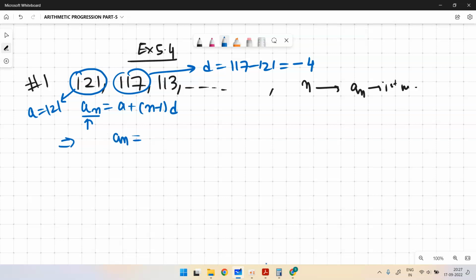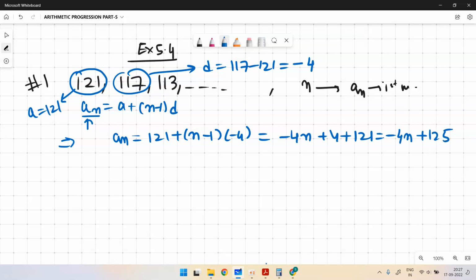So a_n is nothing but 121 plus (n minus 1) times minus 4, which is minus 4n plus 4 plus 121, that is minus 4n plus 125. Now a_n is less than 0, being the first negative term.